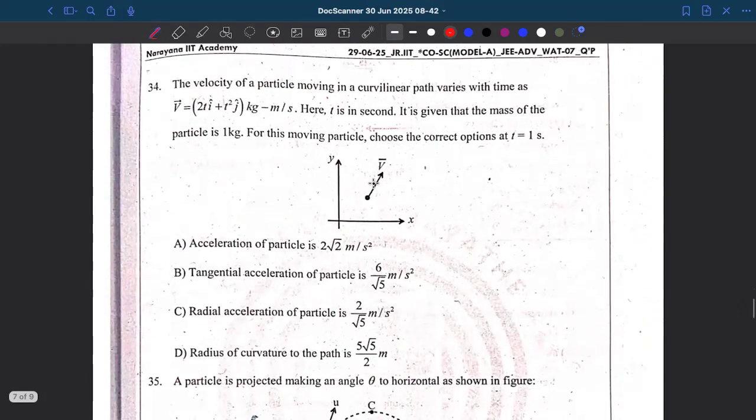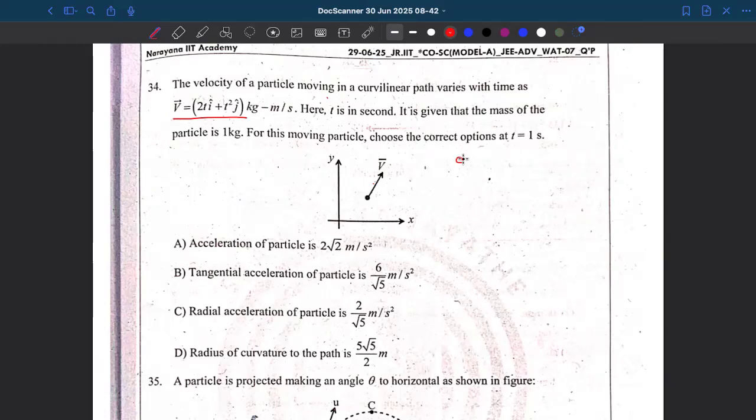Next, 34. 34 question. How many have done 34 question? No one? Actually, that is not a difficult question at all. The velocity of a particle moving in a curvilinear path varies with the time. They have given V as a function of time. For this moving particle, choose the correct option.